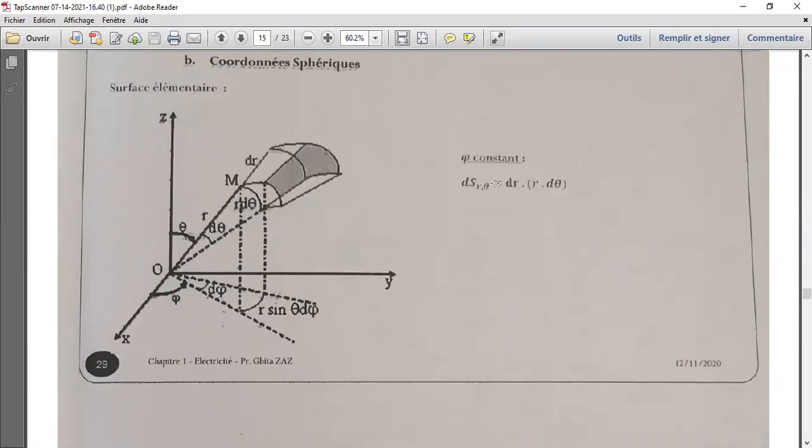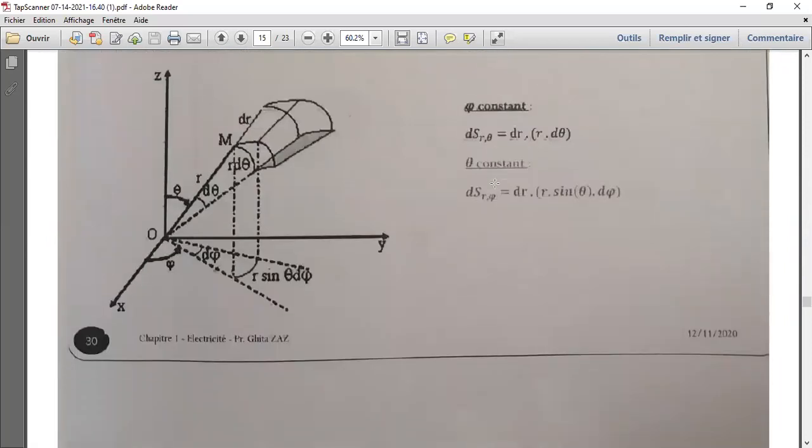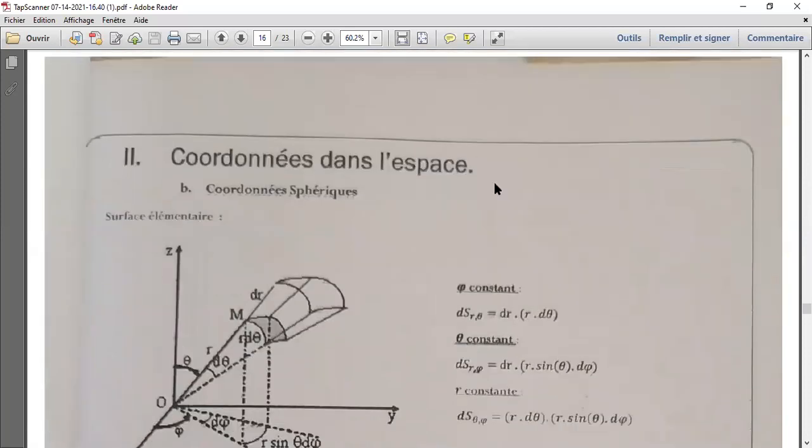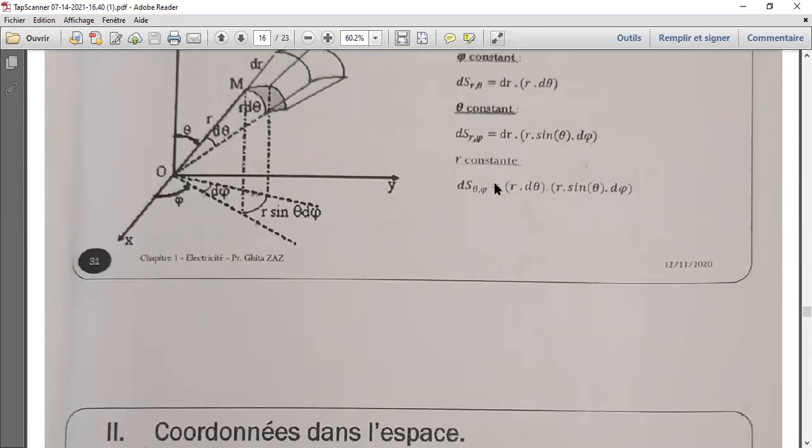So you see here that when R is constant, you have this formula, which is R d theta times R sin theta d phi, and we say that the like terms you group together, which is d theta sin theta will be grouped together. Then the R times the R will be R squared. Then the d phi.